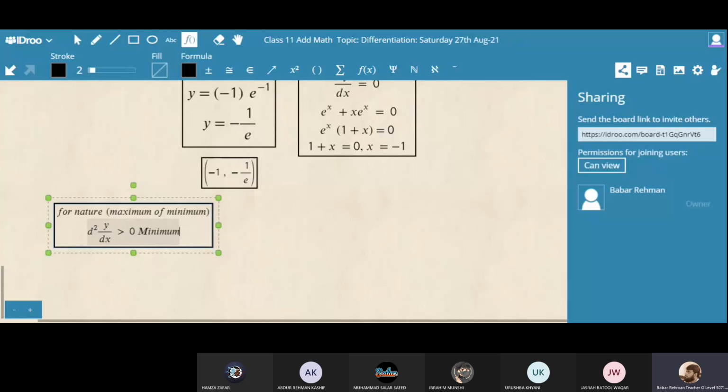Minimum point. And if it is less than 0, then the point is maximum.